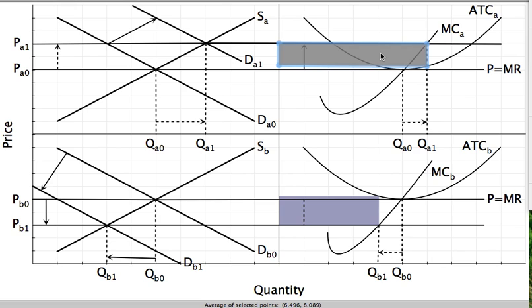When firms are making money or making an above normal rate of return on their investment, making a positive economic profit, firms want to enter into the marketplace. When firms are losing money or they're making a negative economic profit, what is going to occur is that the firms will exit. So these economic profits are an incentive for entry. These economic losses are an incentive for exit.